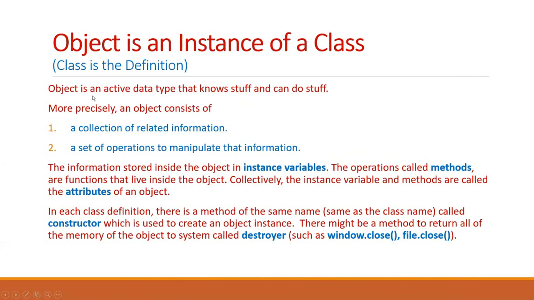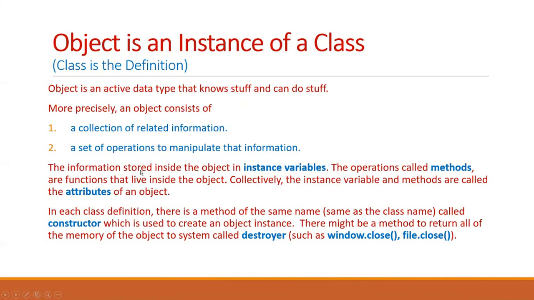An object is an instance of a class. An object is an active data type, so a rectangle or a circle are basically objects. More precisely, an object consists of a collection of related information and a set of operations, like a reprint function or a greater-than function, to manipulate the data.